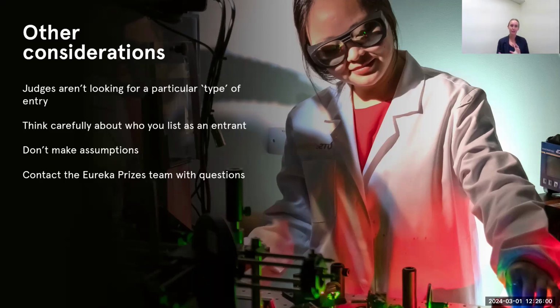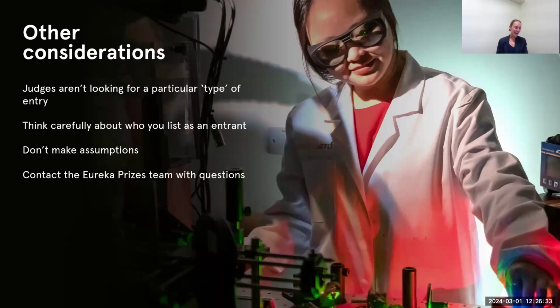I'd say probably every year we have at least one finalist who realizes a little bit too late that they probably should have added someone else on the entry form. And sadly, we just can't help you out there. It's a really unfortunate situation. It can be a bit awkward in a team setting. If you're a finalist, you're probably going to end up with your name in the public domain. There's going to be a lot of campaign work. There's an award ceremony. So just make sure you're giving really careful thought to who should be on that form from the outset.